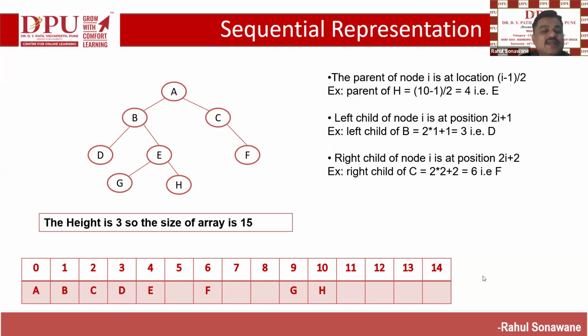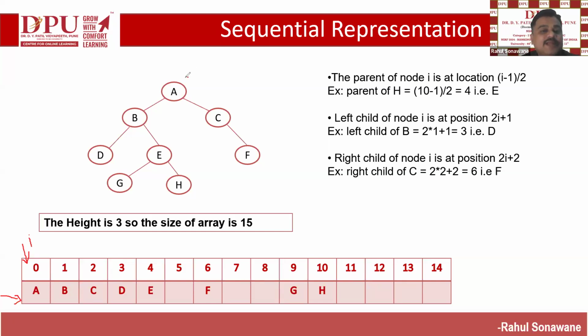So let's say this is an array of size 15 at the bottom. Okay. So let's say these are your indices I, and these are your values V. Now, when we have to store this kind of tree into the array, we have to number the nodes.